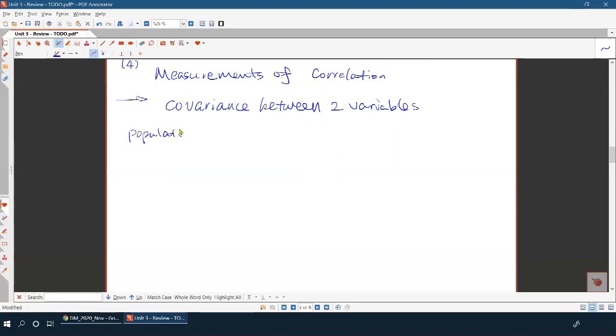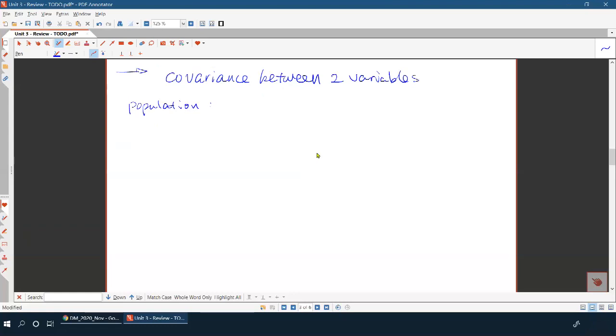For population, the formula to calculate the covariance between the two variables is sigma xy. Okay, we often use this formula to calculate the covariance of population data.